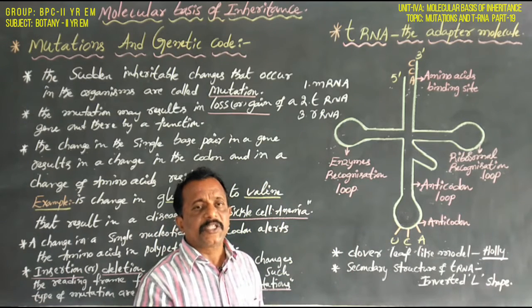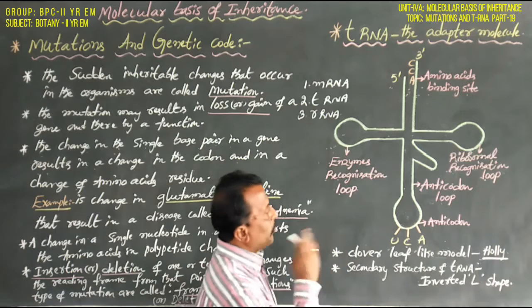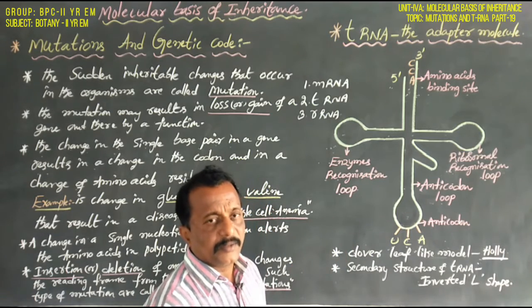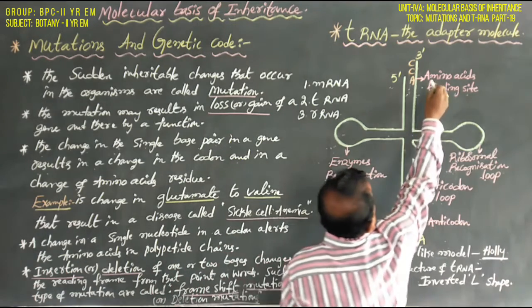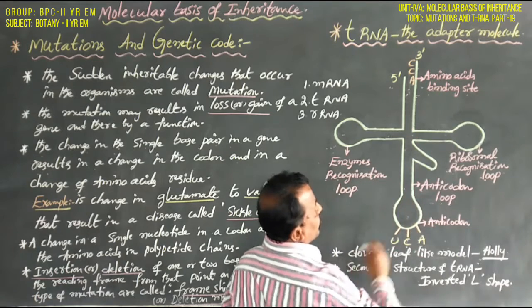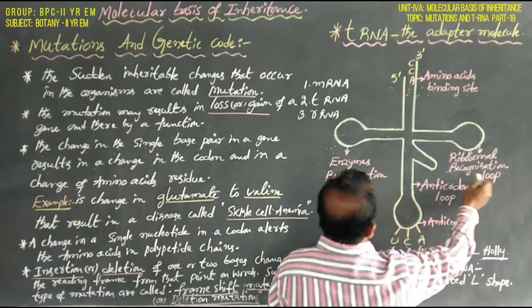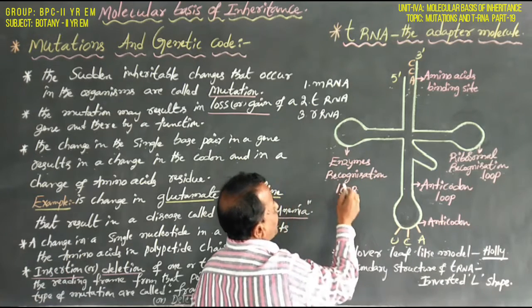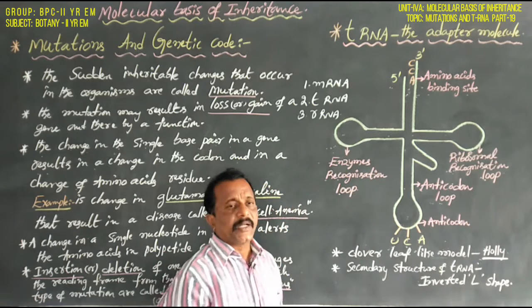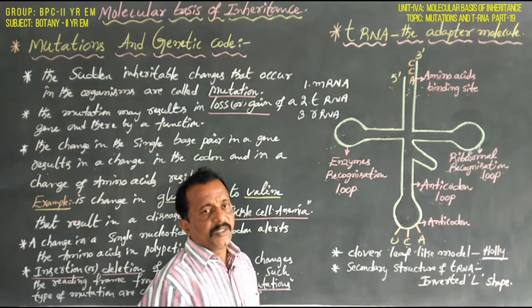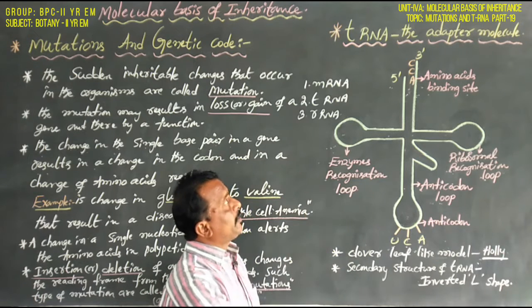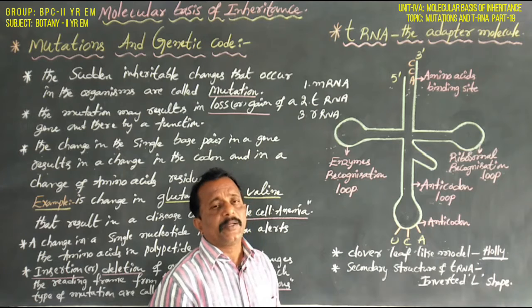Anyhow, tRNA consists of four parts, namely the amino acid binding site, anticodon loop, ribosomal recognition loop, and fourth, the enzyme recognition loop. These are the four parts in tRNA, the adapter molecule.